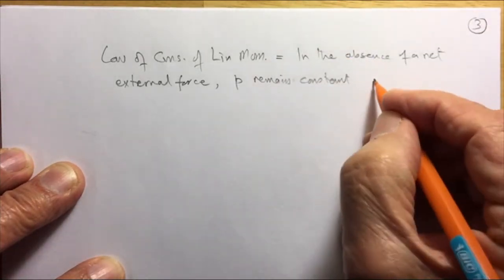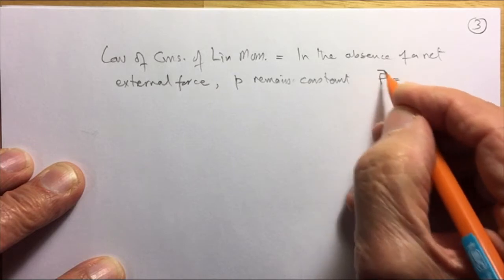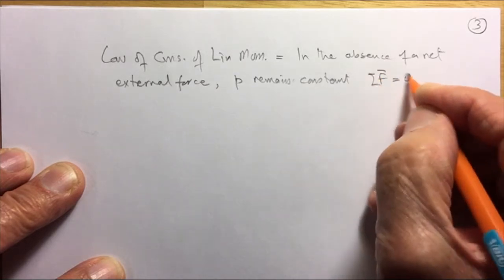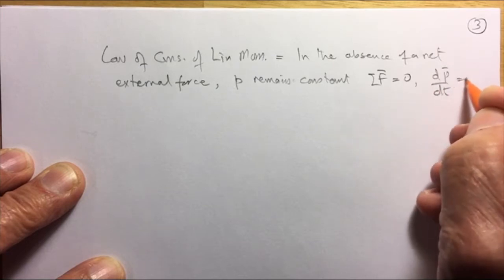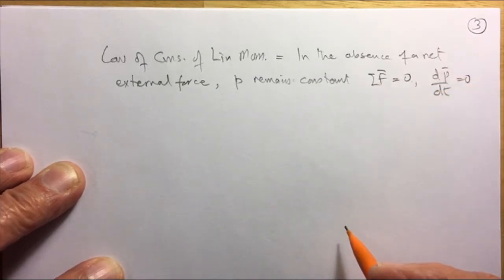Or if F is 0, then dp by dt is also 0, because F is dp by dt.